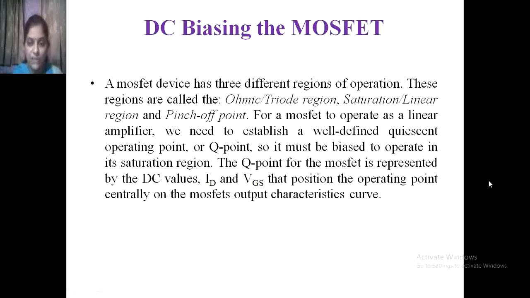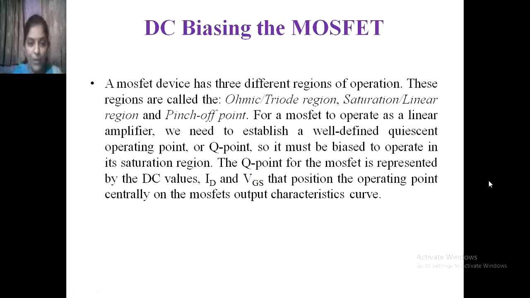For a MOSFET to operate as a linear amplifier, we need to establish a well defined constant operating point, or Q point. It must be biased to operate in its saturation region. The Q point for the MOSFET is represented by the DC values ID and VGS that position the operating point centrally on the MOSFET's output characteristics curve.